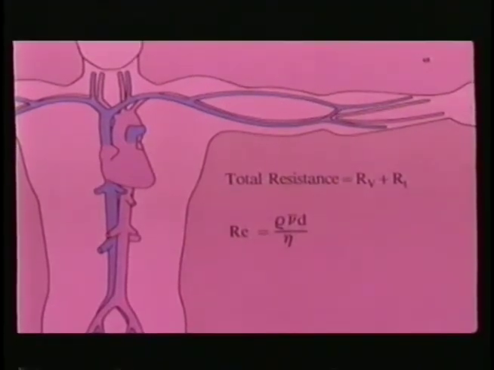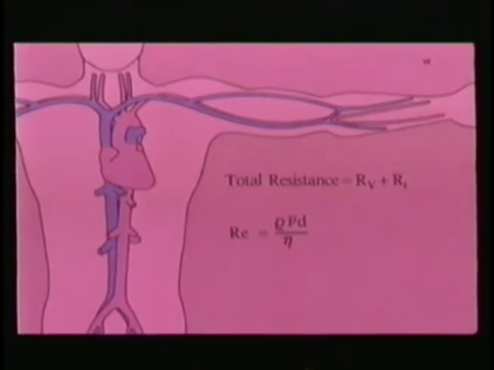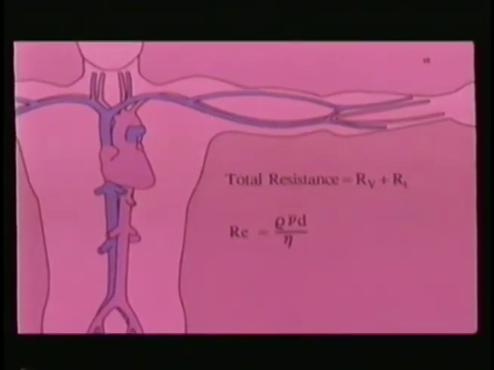However, because of the complexities of the vascular geometry and the pulsatile nature of blood flow, one needs to consider the contribution of turbulent resistance in some parts of the circulatory system. Remember that the Reynolds number is an index of the relative contribution of turbulent resistance versus viscous resistance and may be used to estimate the likelihood of turbulence.